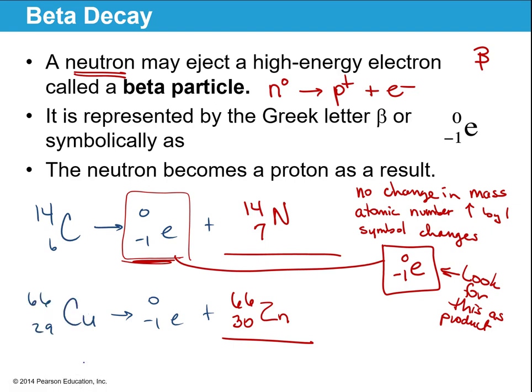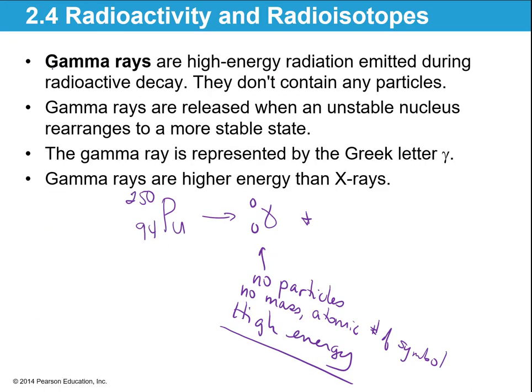So then the last one. The last one is called gamma decay. Gamma decay doesn't actually make any particles. Gamma decay is the energy that is released during radioactive decay. So I think of this as being what happens when protons and neutrons shift their position in the nucleus.